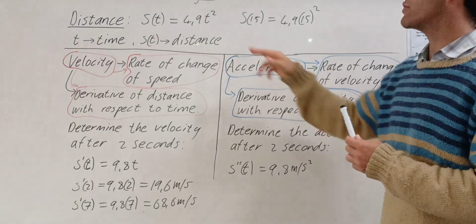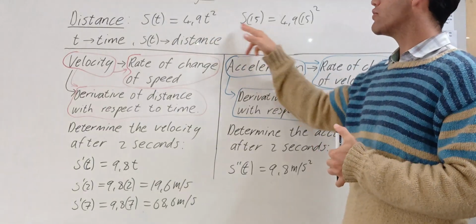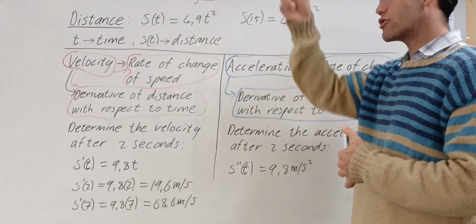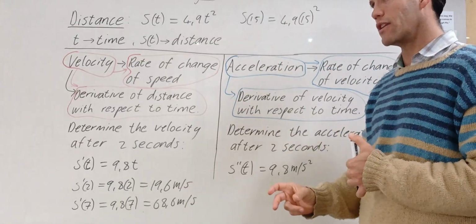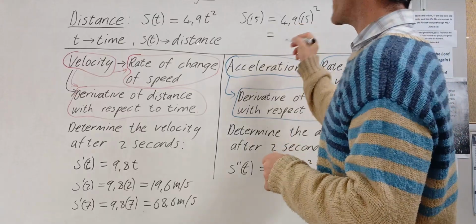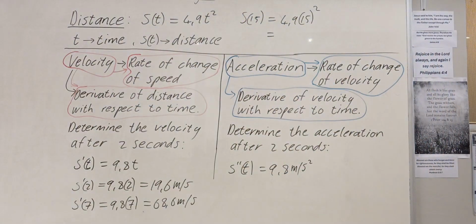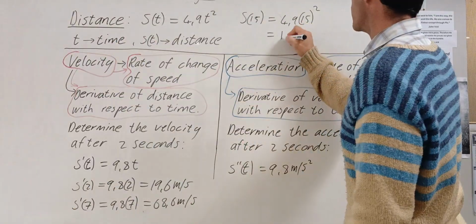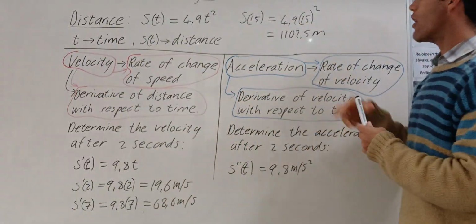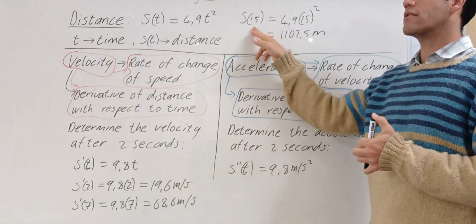You can substitute the time into the formula. They said after 15 seconds it hit the ground. So it was traveling for 15 seconds before it hit the ground. So obviously when you substitute the 15 into the equation, the answer you get then is 1,102,5 meters. That's how far it traveled in 15 seconds.